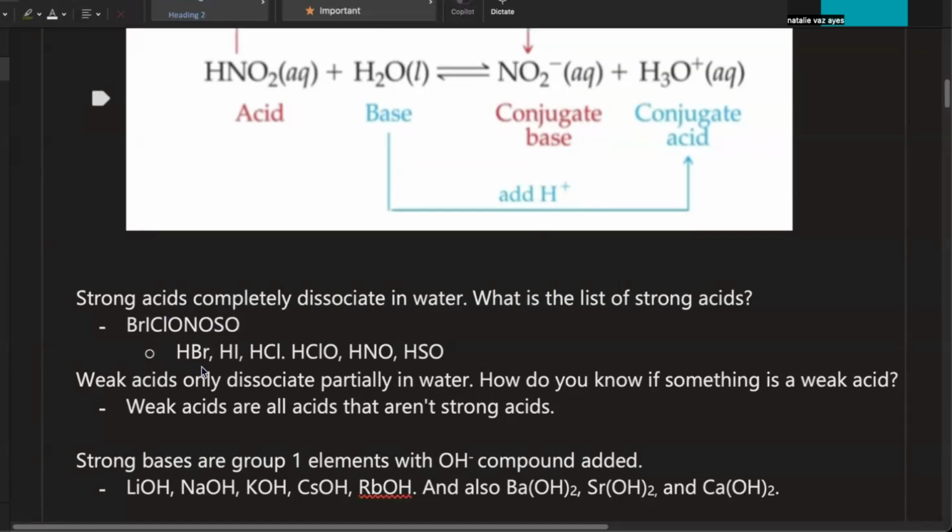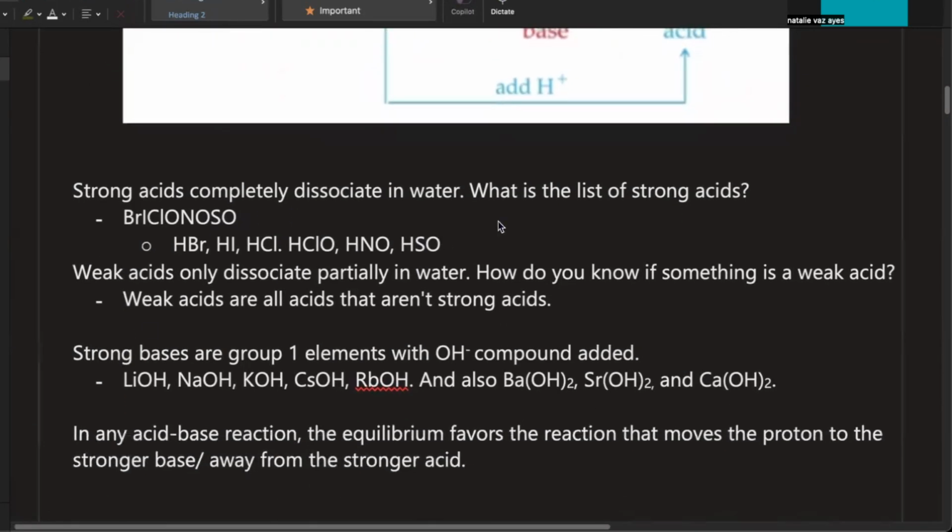It's going to be HBr, HI, HCl, HClO, HNO, and HSO. These are not including the numbers of each, but those are the letters. And if you have some of these letters, you'll have a strong acid.